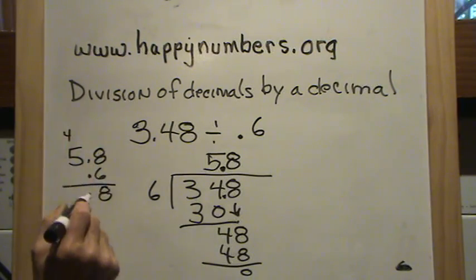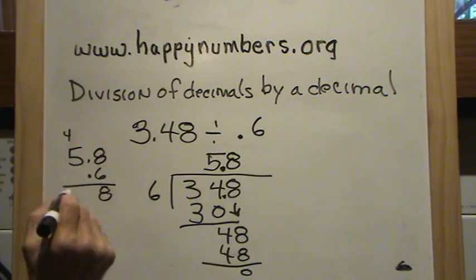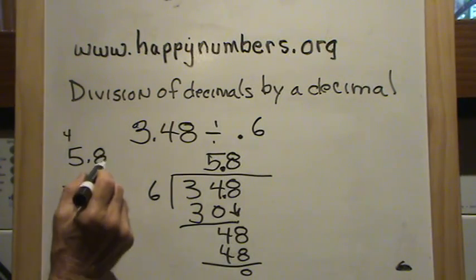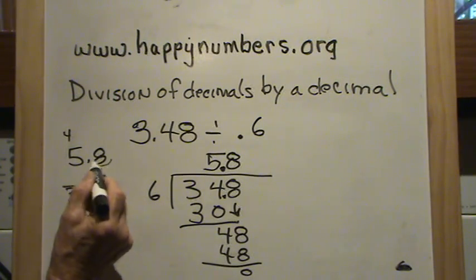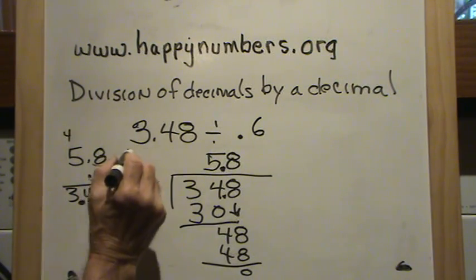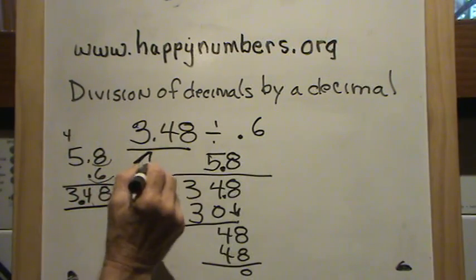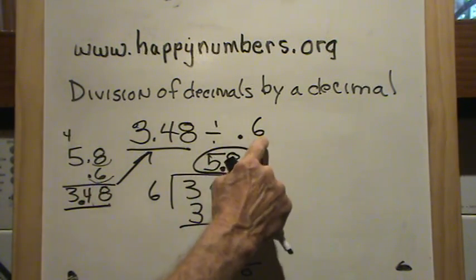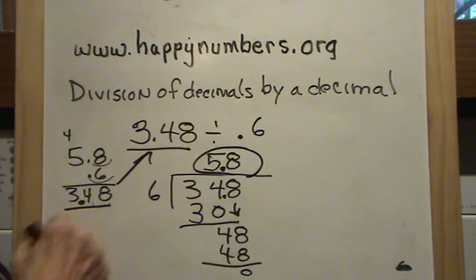Carry the 4. 6 times 5 is 30, and 4 is 34. Now I multiplied decimals, so I have to count my decimal places. 1, 2, 1, 2. So I got the same. So I know that this answer is correct, just by multiplying the initial divisor by my answer.